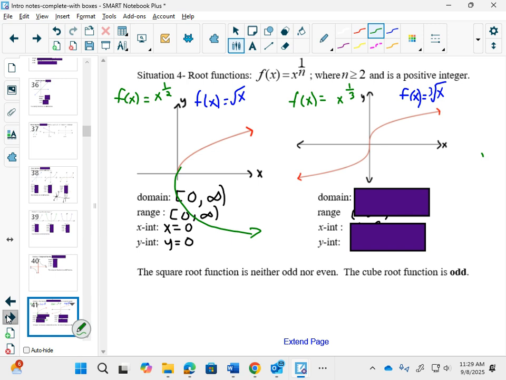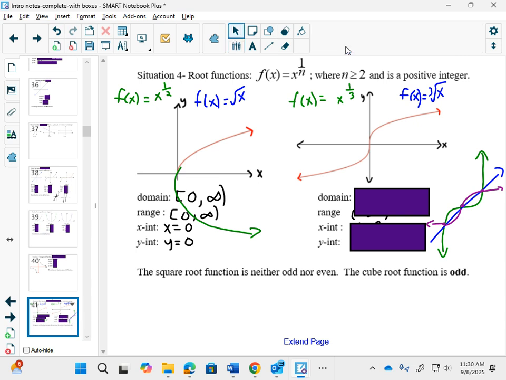Because if I took an x cubed graph, nicely flattening out there, and I flipped it over y equals x and switched my x and y's, I would get this point, and this point would stay the same. We get this shape. So if you switch the x and the y's of an x cubed graph, that's the graph you would get, and that's your cube root graph.